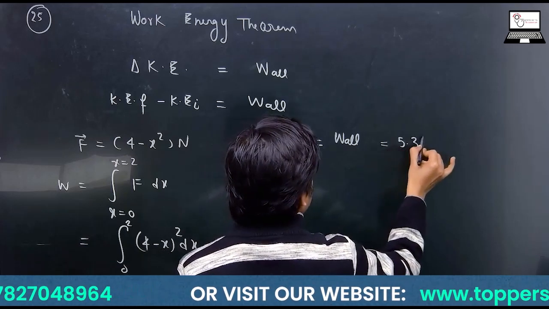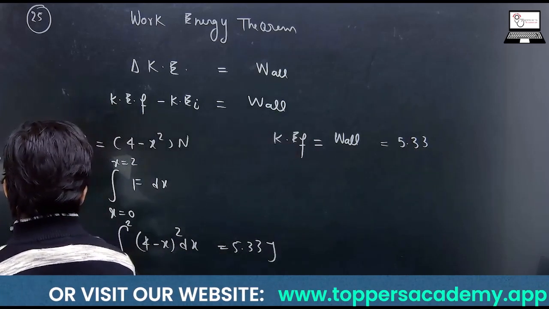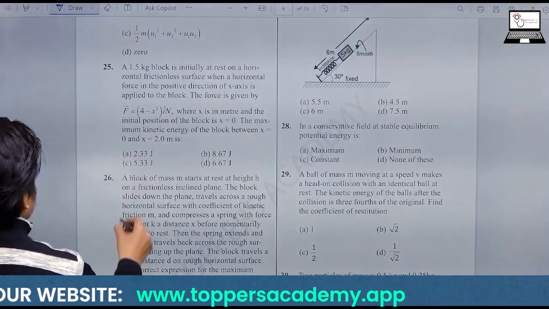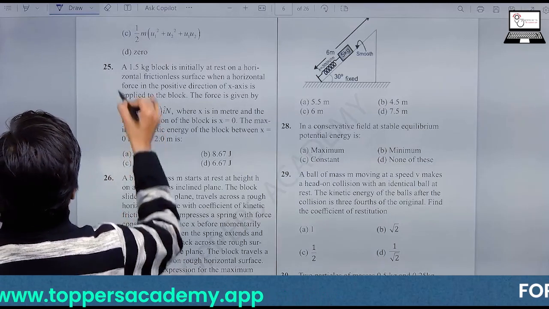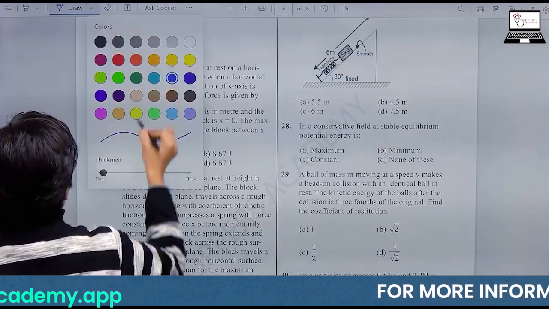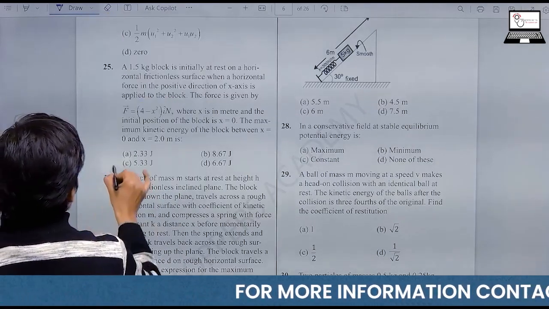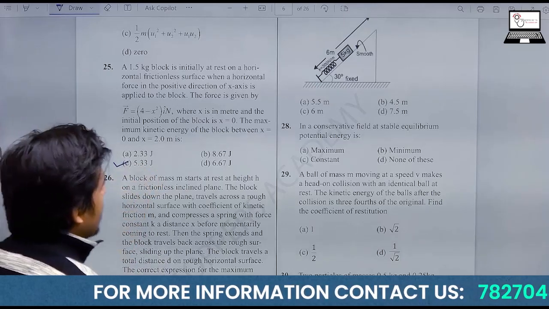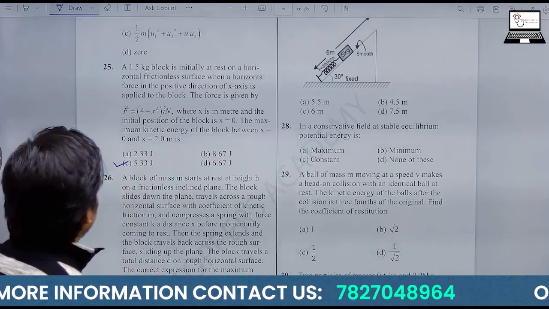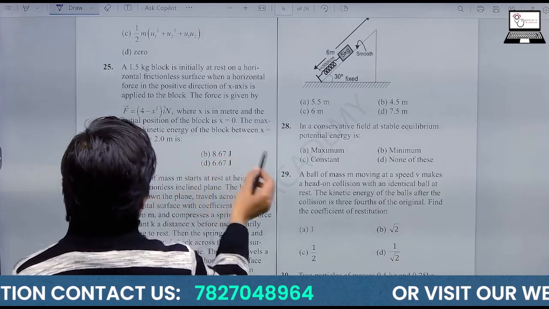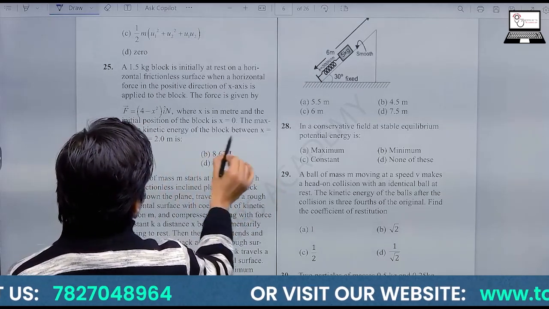That is the maximum kinetic energy obtained, the maximum kinetic energy of the block.